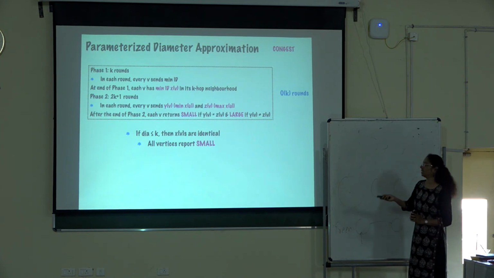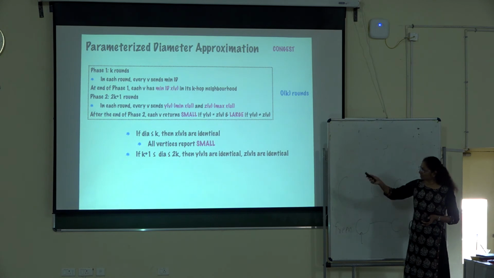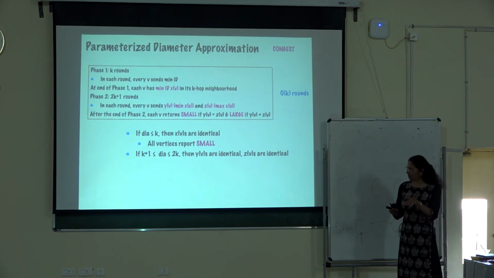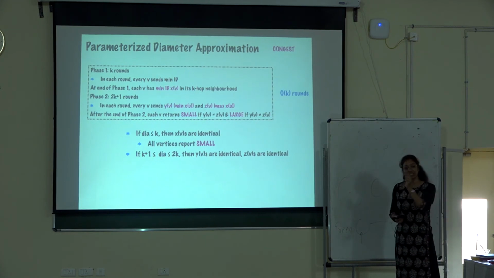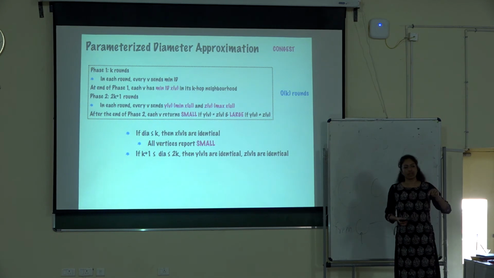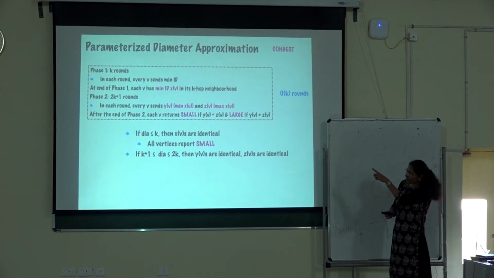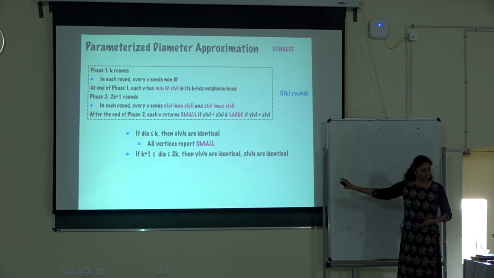Now, if the diameter is between k plus 1 and 2k, you're running the algorithm for 2k plus 1 rounds, so you would have got the global yv and global zv.